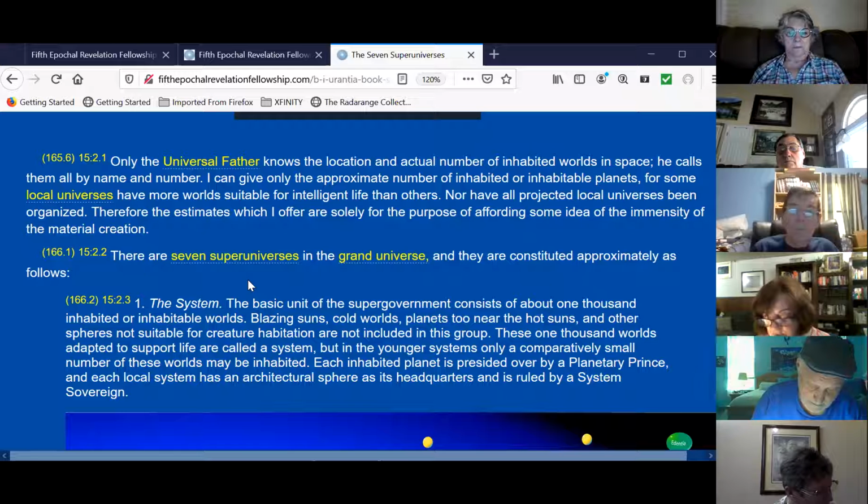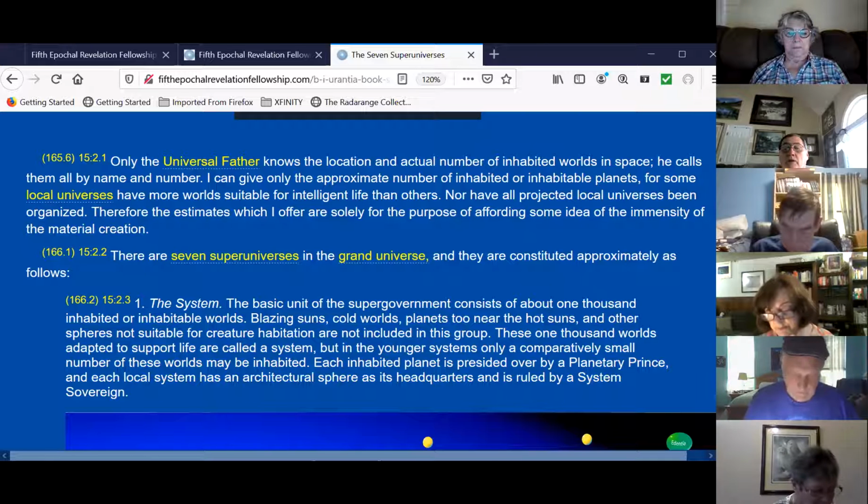These 1,000 worlds adapted to support life are called a system, but in the younger systems, only a comparatively small number of these worlds may be inhabited. Each inhabited planet is presided over by a planetary prince, and each local system has an architectural sphere as its headquarters and is ruled by a system sovereign.